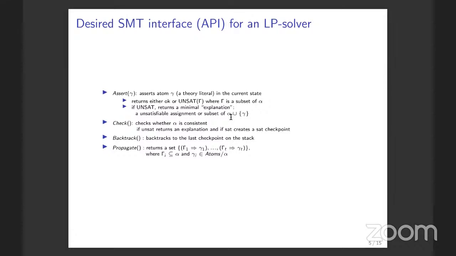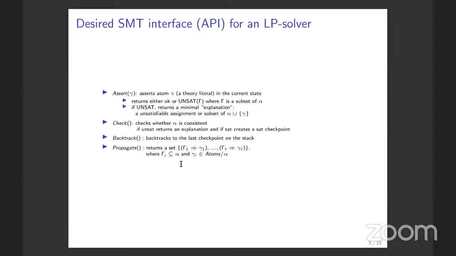You keep on making asserts incrementally, and it's the accumulated series of atomic literal asserts that you have put into the database. And gamma is the new assert.